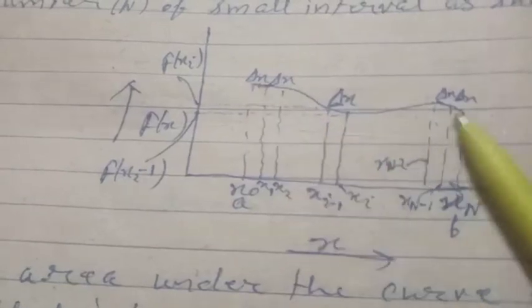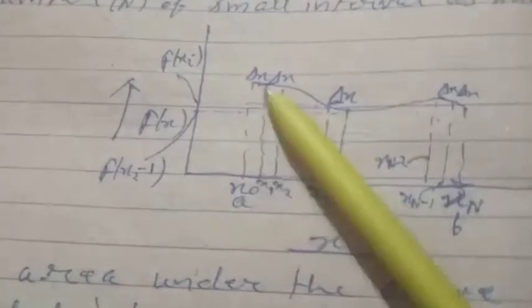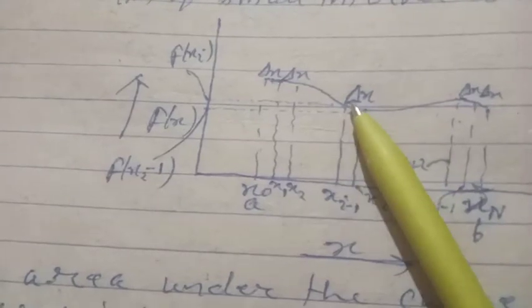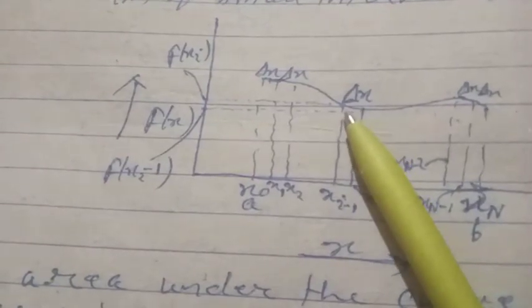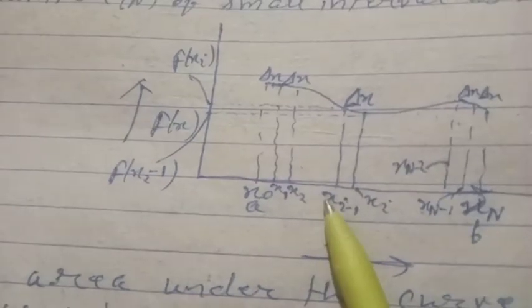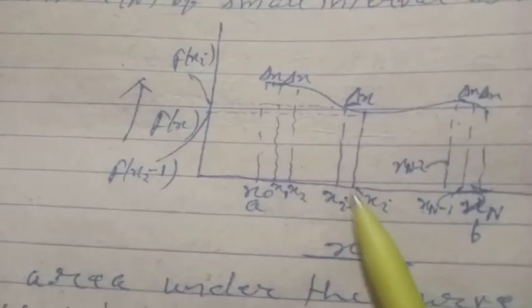Now this graph is divided into n number of small strips, and here we consider a strip with length delta x, and its position is x i minus 1 and x i.